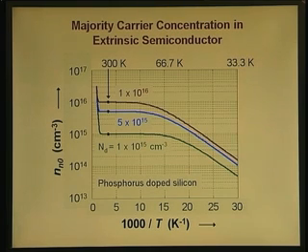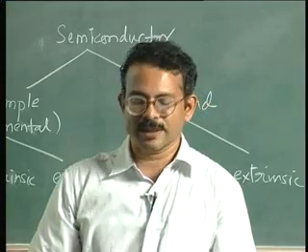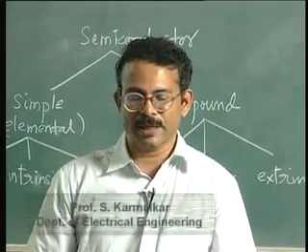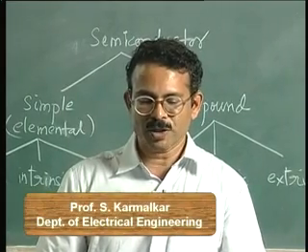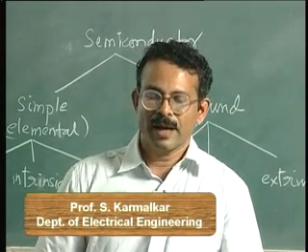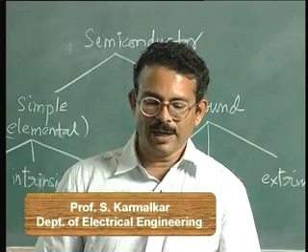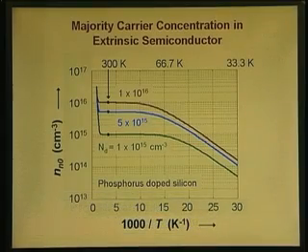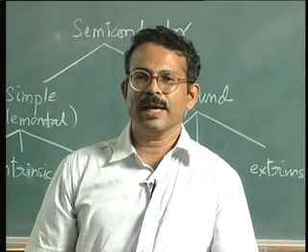Now this particular point I will discuss in greater detail when I take up the model corresponding to majority carrier concentration in extrinsic semiconductor as a function of temperature. So when you write down the equations, it will become clear why we choose a logarithmic scale for concentration and a reciprocal of temperature scale on the x-axis.